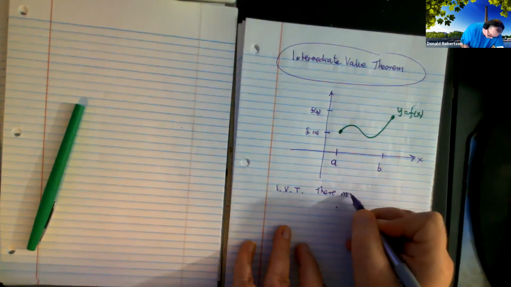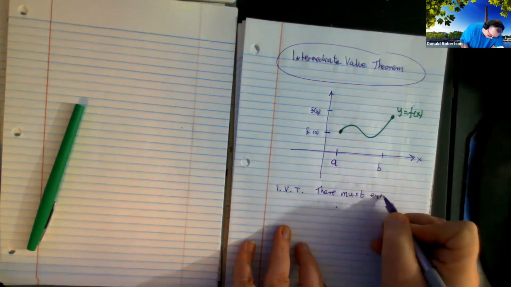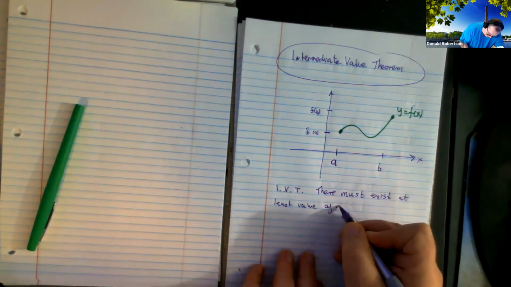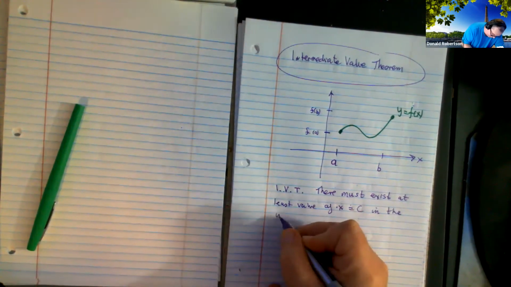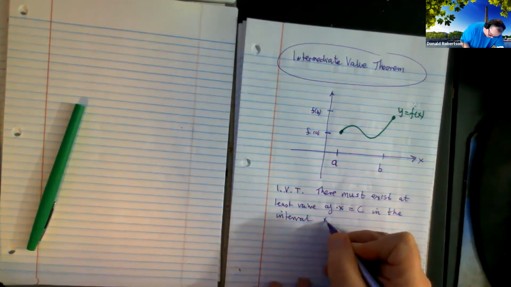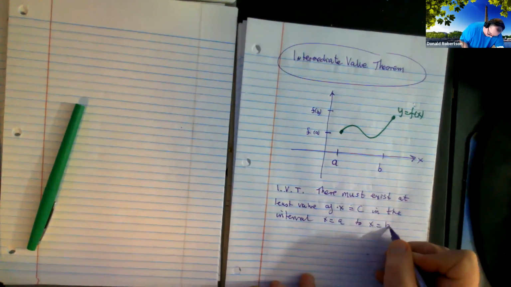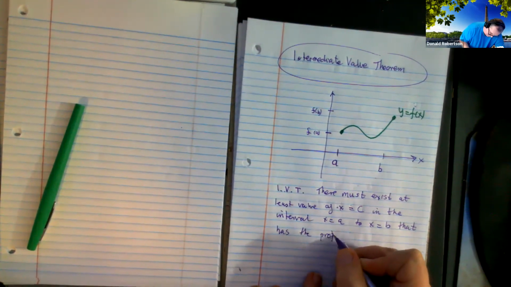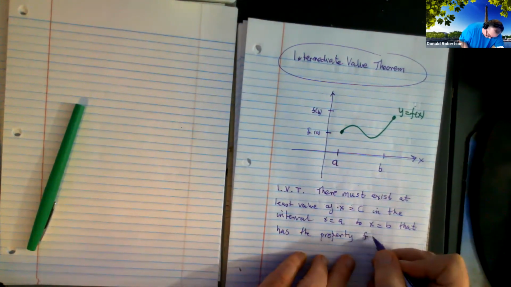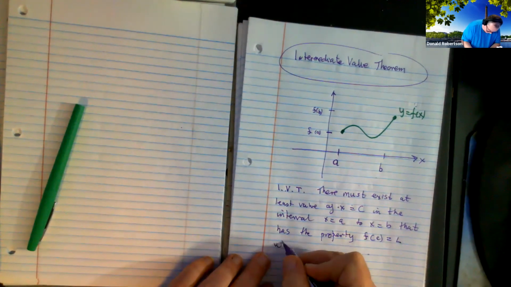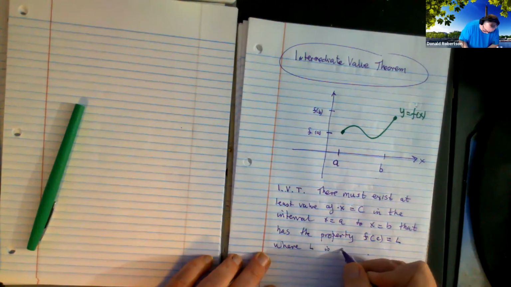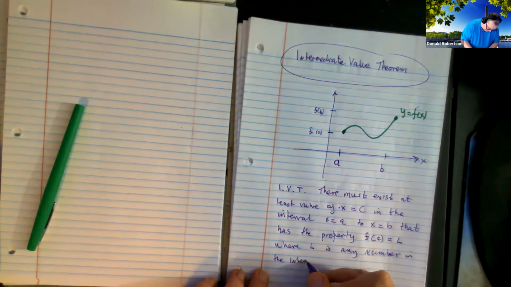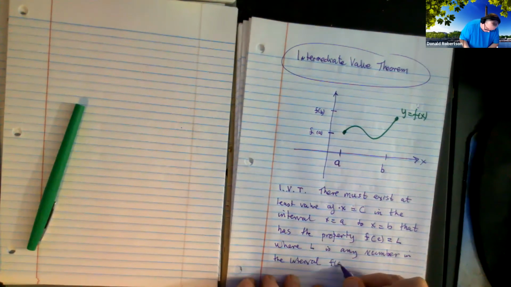There must exist at least one value of x, we'll call it c, in the interval from x equals a to x equals b that has the property that f of c equals L, where L is any number, this is very wordy, in the interval f of a to f of b.